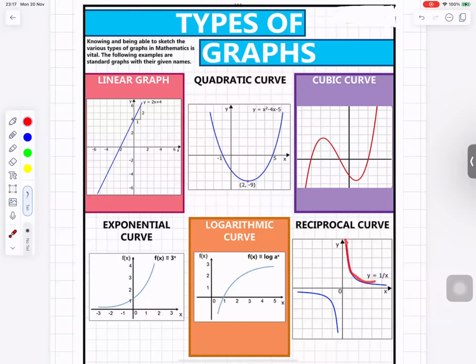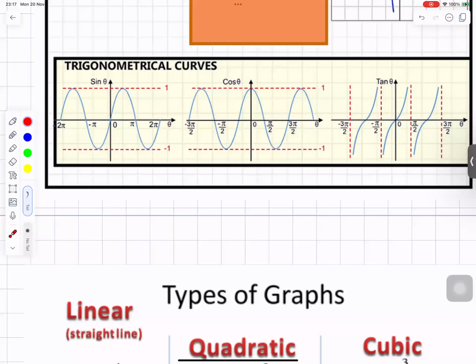This one like that is reciprocal graphs. You can see all their names. You need to learn all of them. The one that I don't see in GCSE is this logarithmic curve. I don't usually see that in GCSE, but the other ones, I've seen them, just like in the last question.